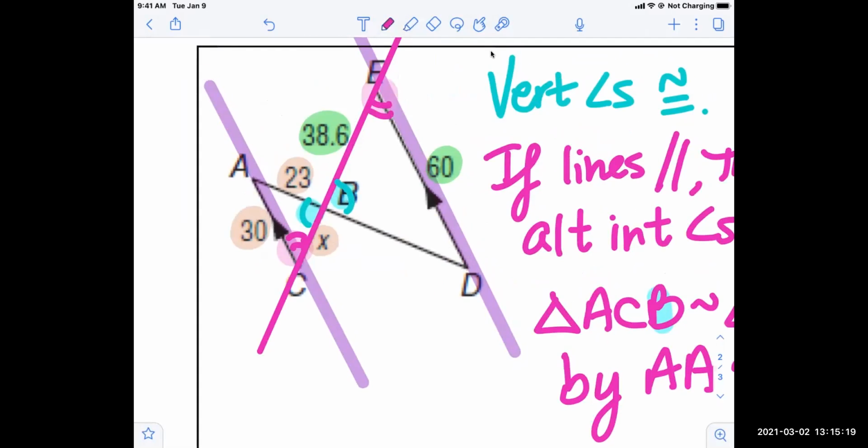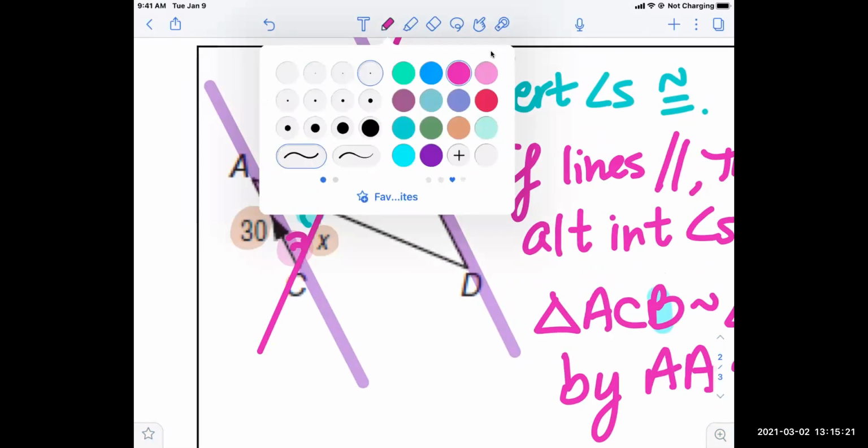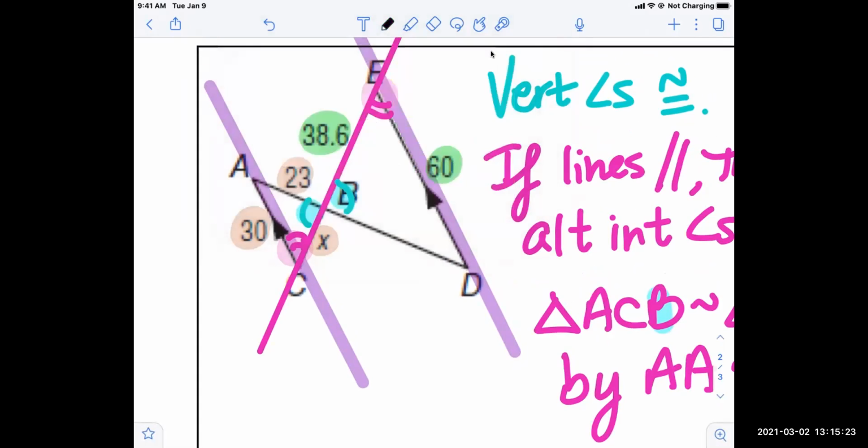In the triangle over here, the 30, what does it match with in the other triangle? 60. Okay, and then I know in my proportion, I'm going to have to be finding X, so I want to figure out what matches with X. So does X match with 38.6, or does X match with this side over here?